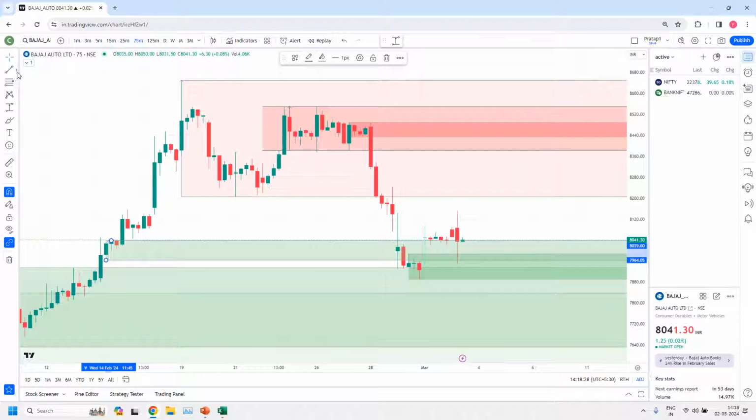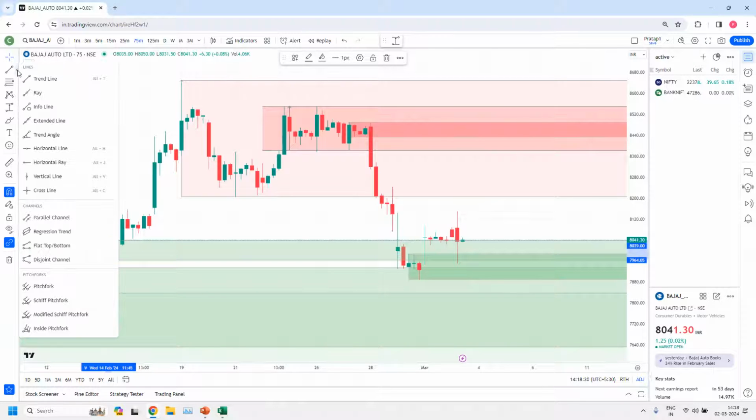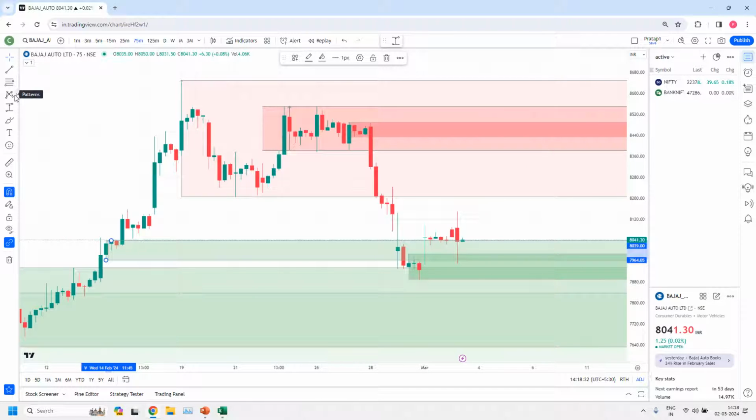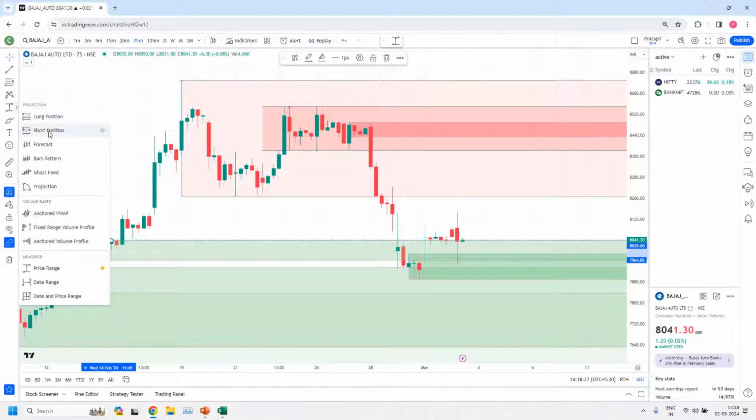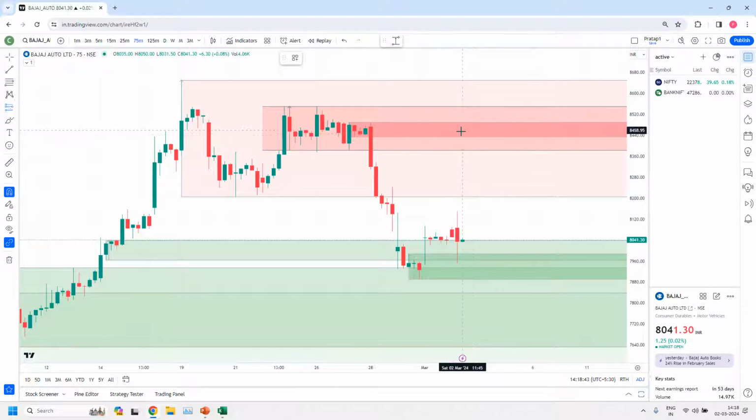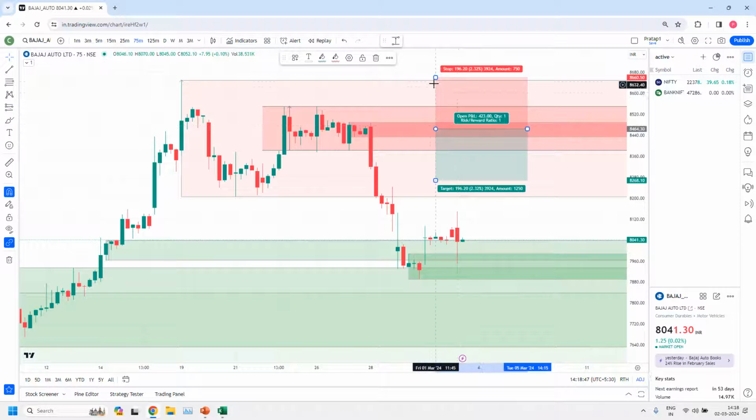We already learned, I already explained to you a tool called short position, long position and short position. Because it is a supply zone, we use a short position. Just click the tool and again click here, you get this. Now you just adjust these values.